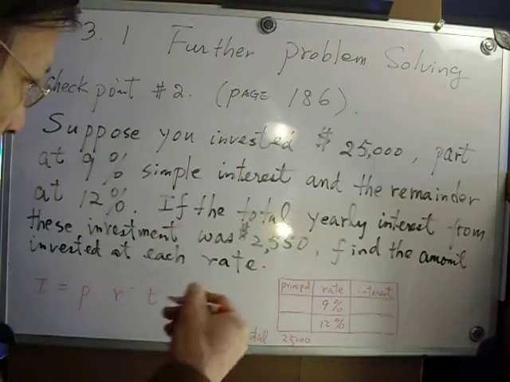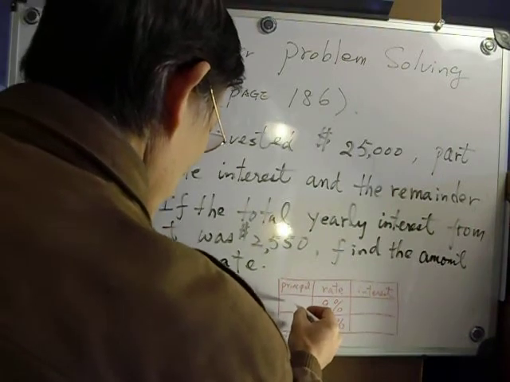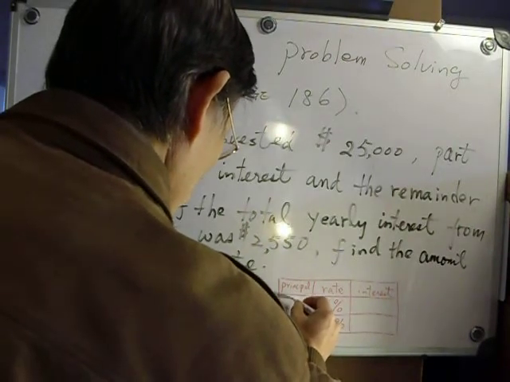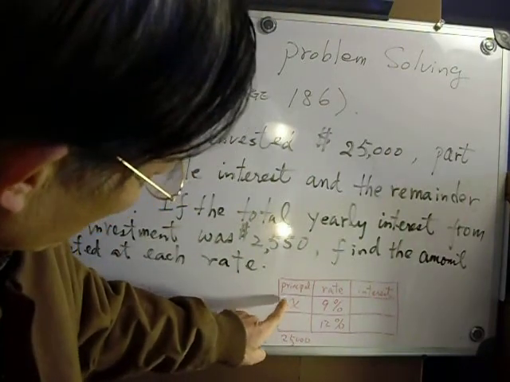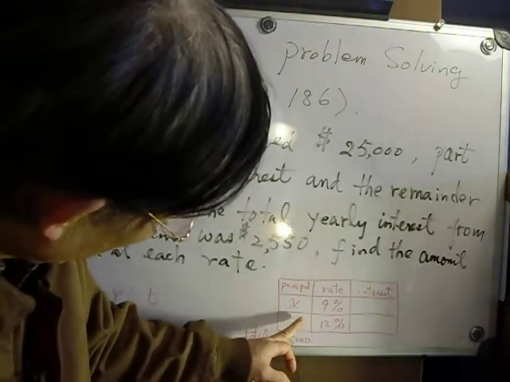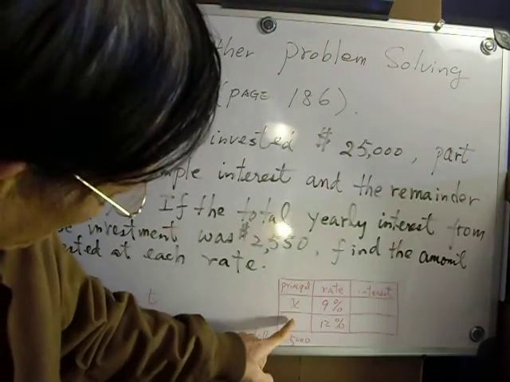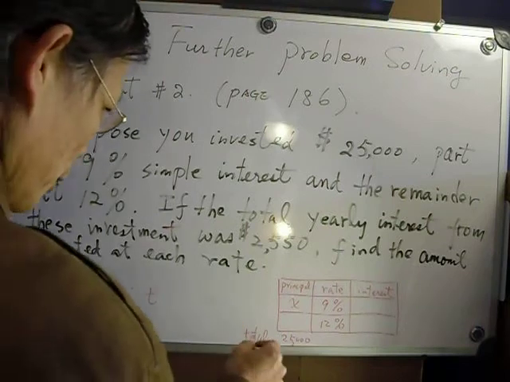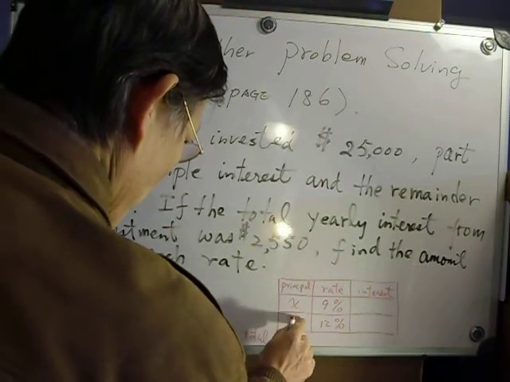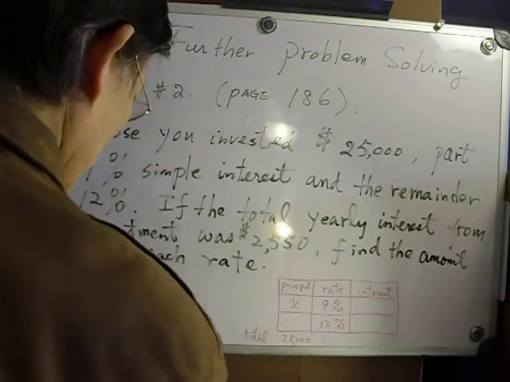We can use what our previous class covered. Suppose for one of the accounts we set x. What is in the box here? x plus the question mark equals $25,000. So you just use the same variable to represent the other account.